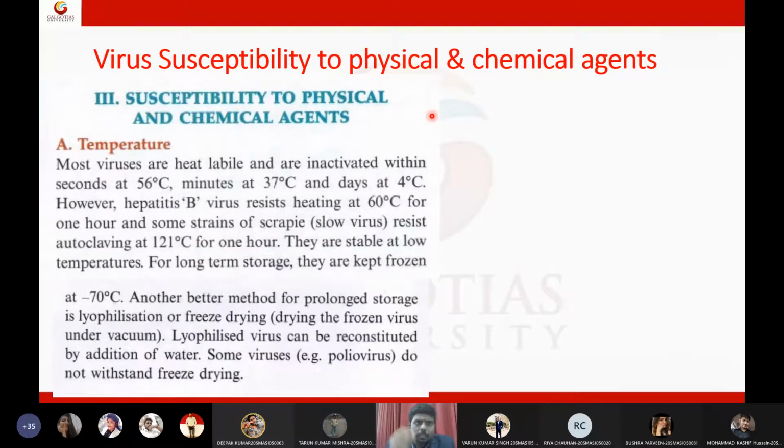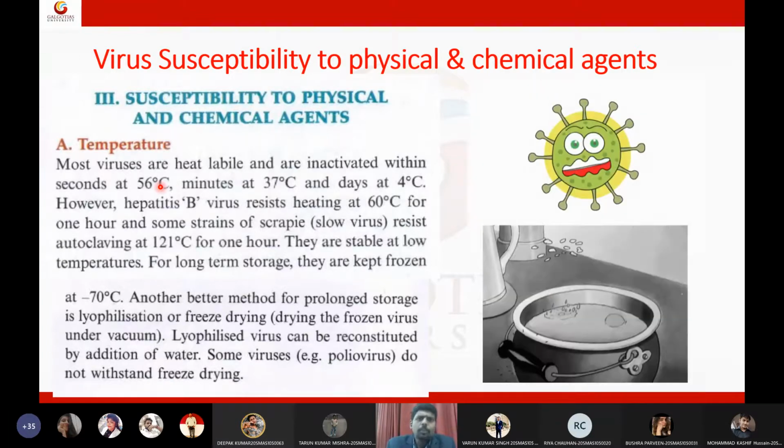Fine. So coming to viral susceptibility to physical and chemical agents, usually temperature. If you boil the viruses, they will die. Viruses can be killed easily at 56 degrees centigrade within seconds, or some viruses like hepatitis can withstand up to 60 degrees centigrade.